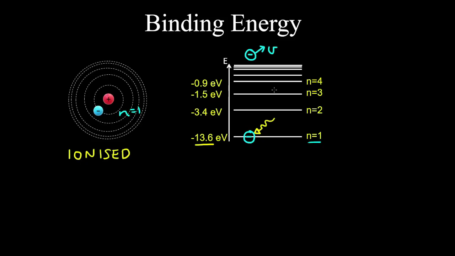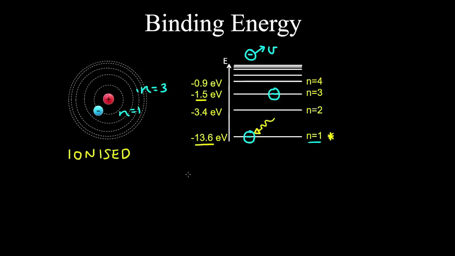So note that if the atom was in this excited state, corresponding to the third orbit, then it would have to absorb energy equal to 1.5 electron volts and greater for the atom to be ionized. So an atom in the lowest energy level or ground state will require the greatest amount of energy to remove the electron from the atom.